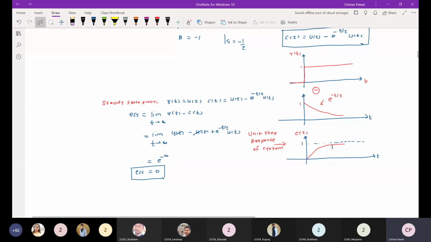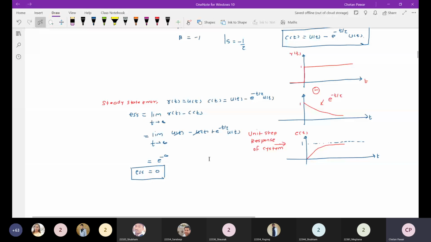Yesterday we saw the example of rising and falling edges of the clock. So at t tends to infinity, the output c of t will reach 1. And the difference between r of t and c of t at t tends to infinity is 1 minus 1, 0. So the steady state error for a unit step signal is 0.